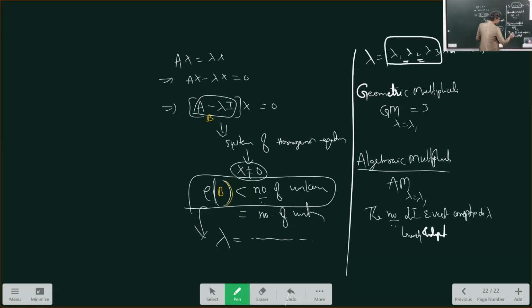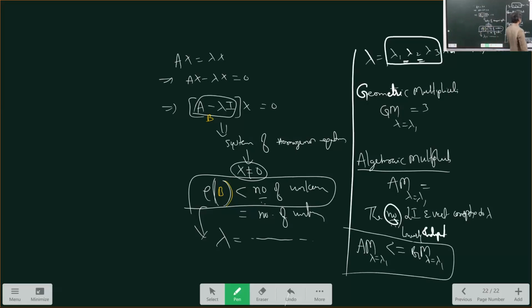So the number of linearly independent vectors corresponding to lambda is called the algebraic multiplicity. And one important property that the algebraic multiplicity of this lambda equal to lambda 1 will always be less than or equal to the geometric multiplicity of lambda. This is always true. It will not exceed.